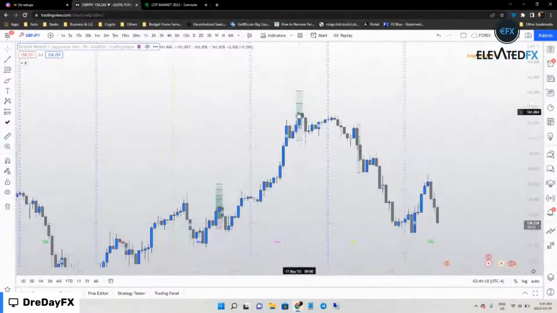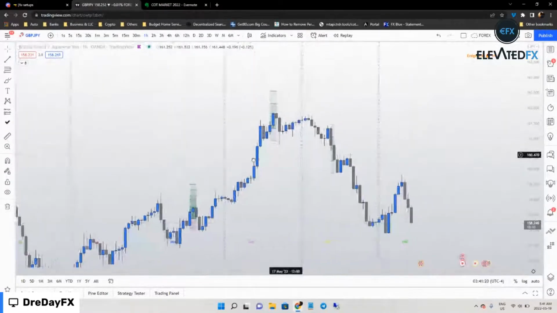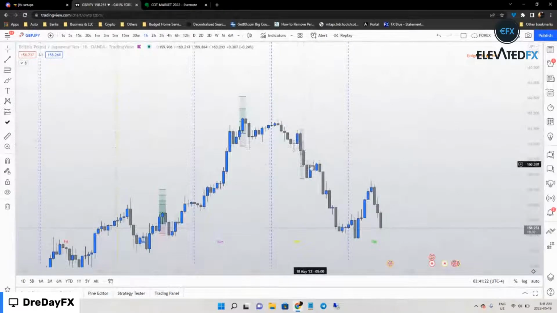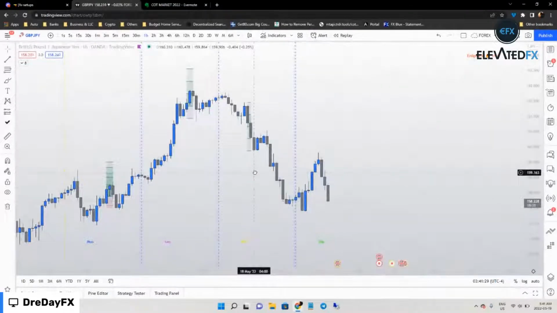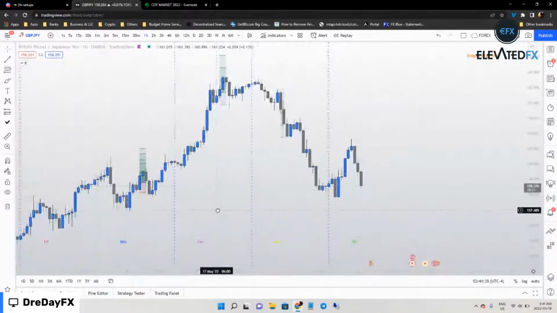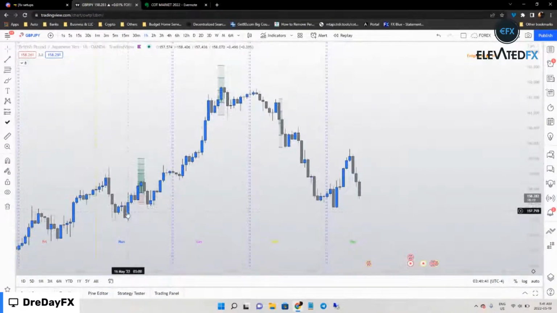Then you have this one that hit TP1, went back down, that's another winner. This one was a down setup, it smashed TP3. Okay, so far those were good setups overall. And if you look at the actual market for the week for GBP JPY, there was a lot of opportunity to get in and get some pips.